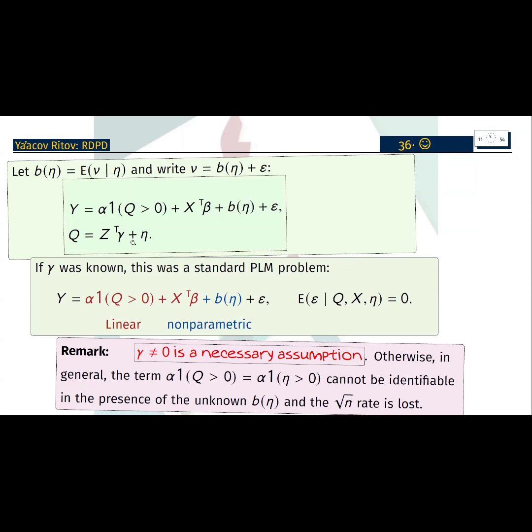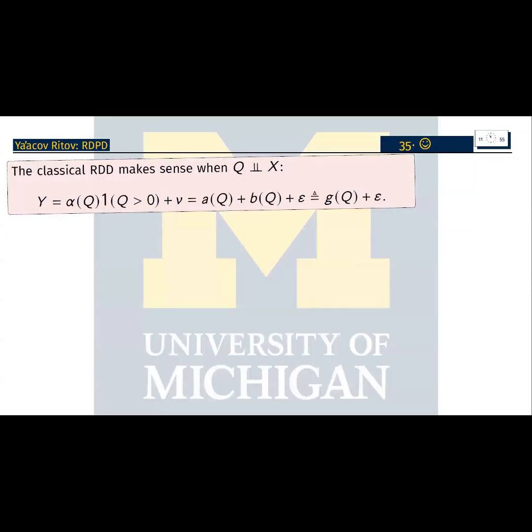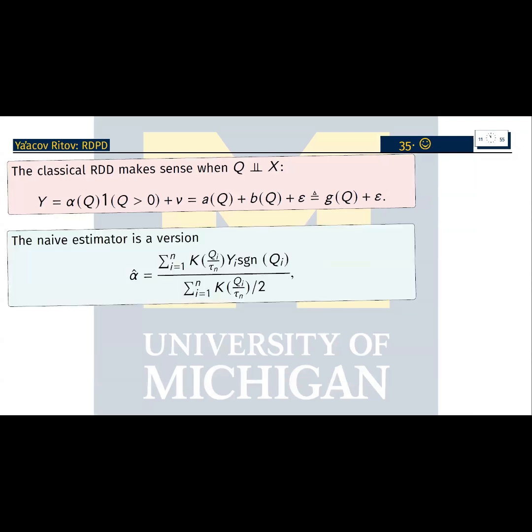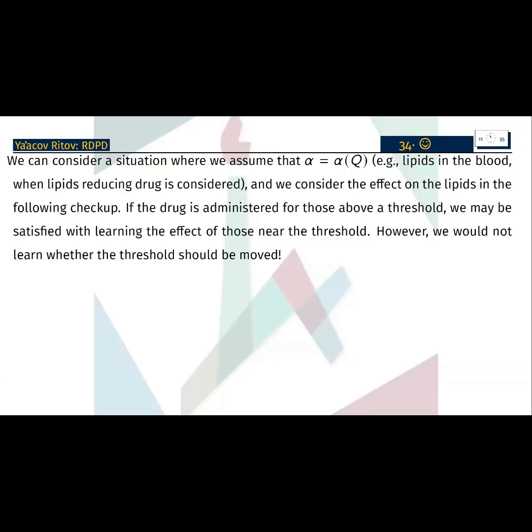But I do assume that gamma is different from zero, and therefore this argument falls apart, and they can't proceed with the square root n rate. I would claim that even under their assumption, they usually don't get the proper rate, but let's leave it.